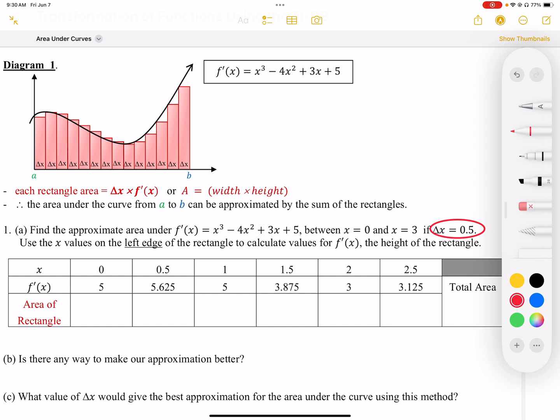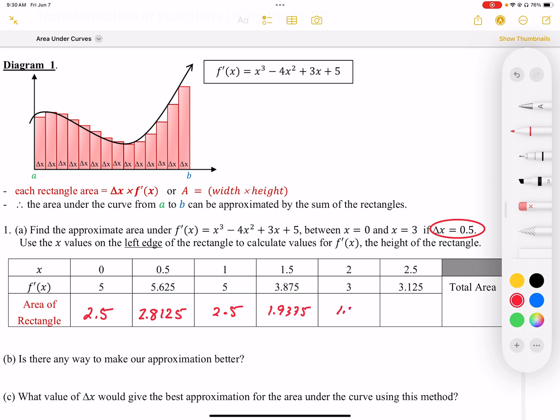The area that we're going to calculate here is 2.5 square units. For the second rectangle, we have a height of 5.625 when we plug in 0.5 into that. And here we're using the left edge height. The area that we're going to calculate is going to be 2.8125. Here we get 2.5. When we multiply this height by 0.5, we're going to get 1.9375.